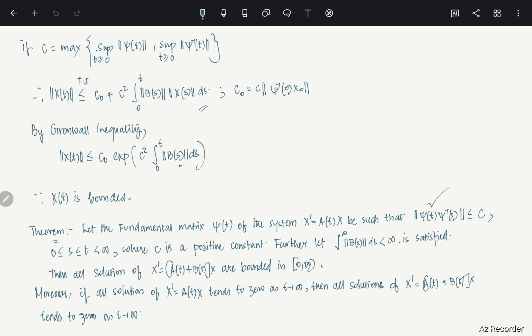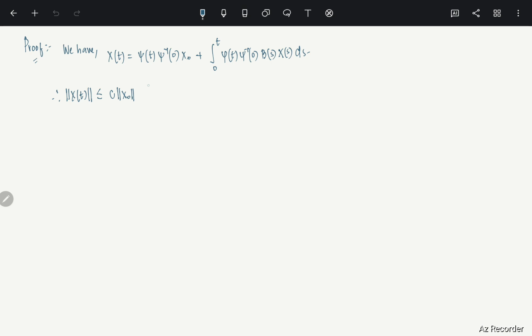So this is bounded, so I will take it to be the norm of x naught plus C times the integral from 0 to t of the norm of B(s) times the norm of x of s ds. Now you use your Gronwall.